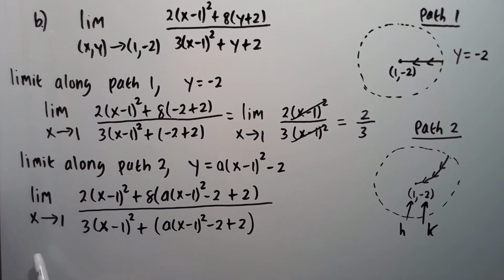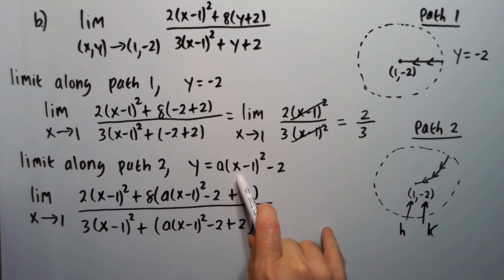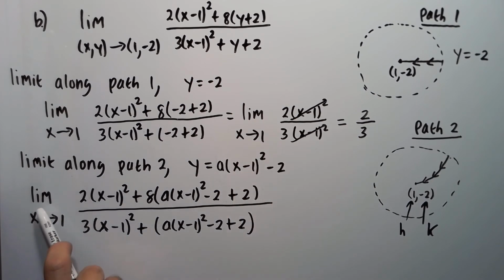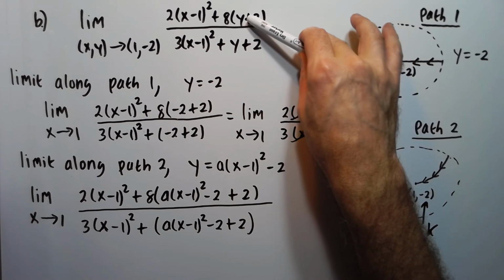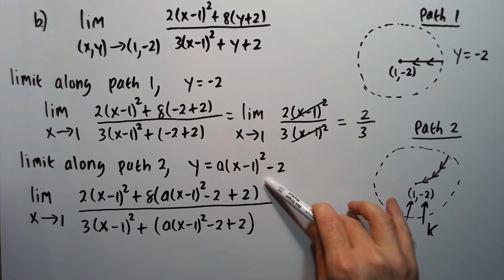Okay, so the limit as x goes to 1, because when x goes to 1, then y will be -2. You can check, because when you put 1 there, this will be 0, so this will become -2. So the limit as x goes to 1, then in place of the y up here, you'll be writing this.